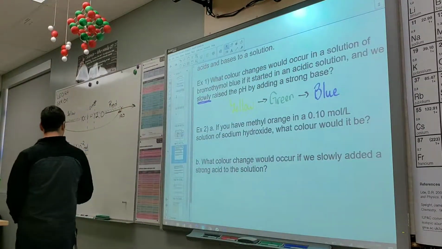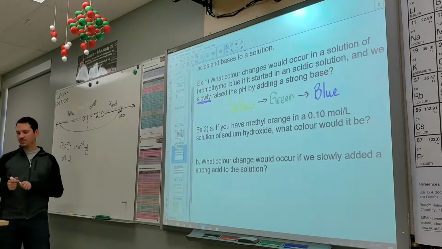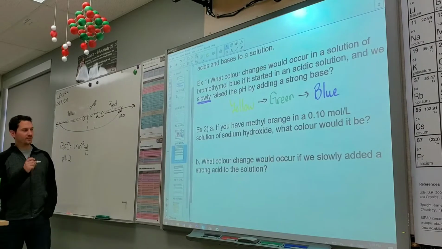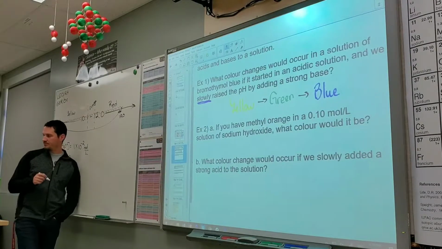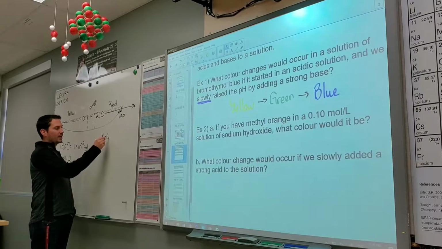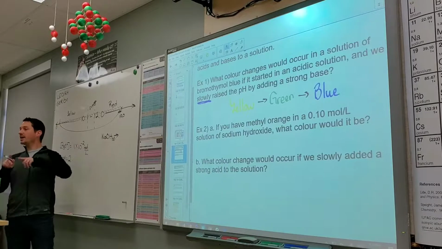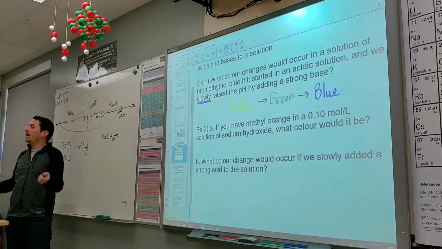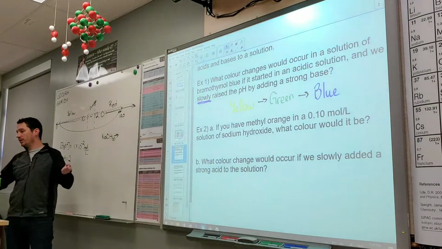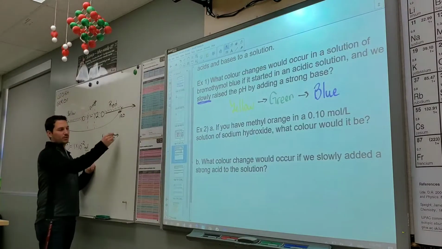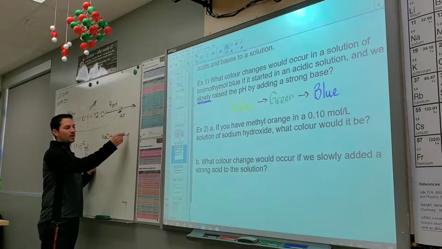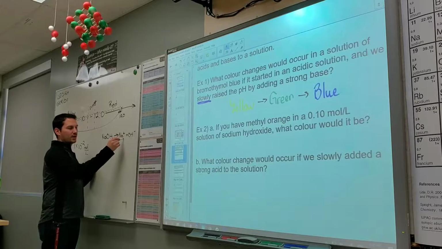Now bear with me for a second, because we're going to have to steal some ideas from our previous unit. What's the formula for sodium hydroxide? NaOH. And when sodium hydroxide dissociates, how many Na and how many OH are we going to get? One sodium ion and one hydroxide ion.